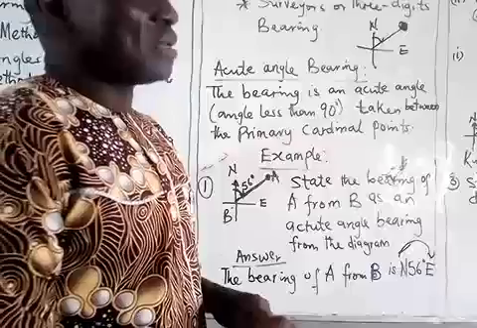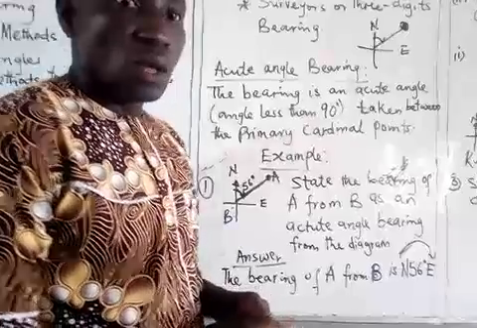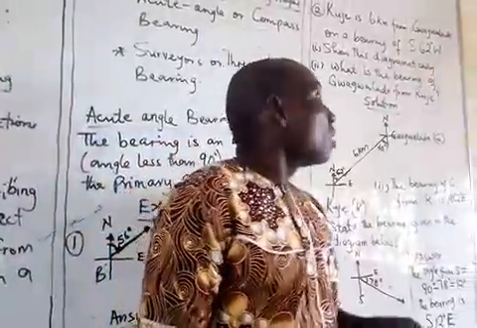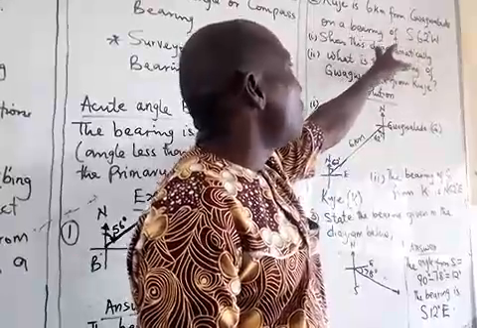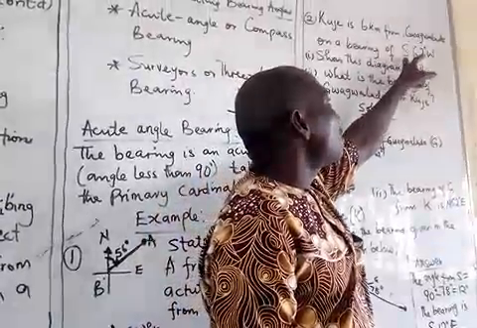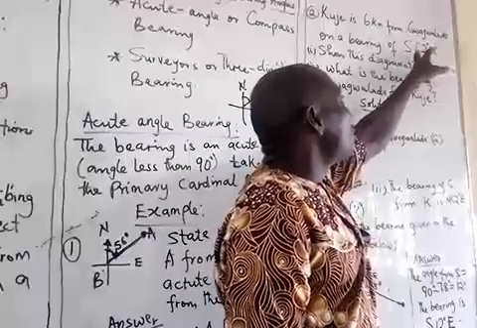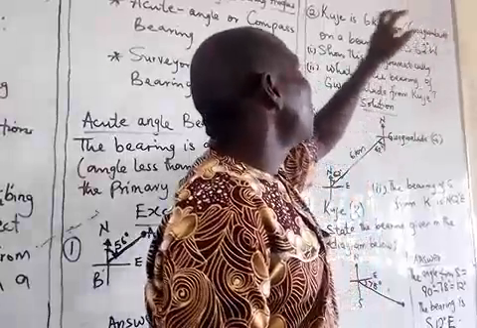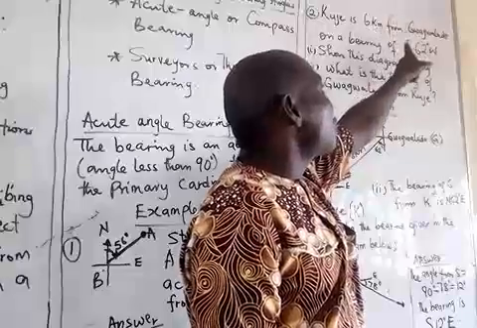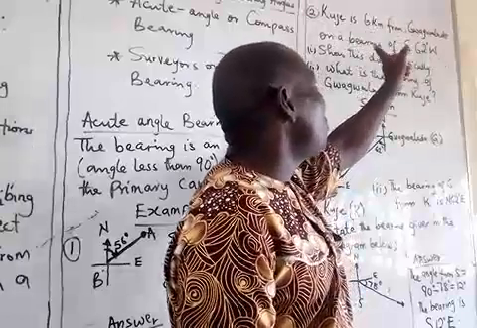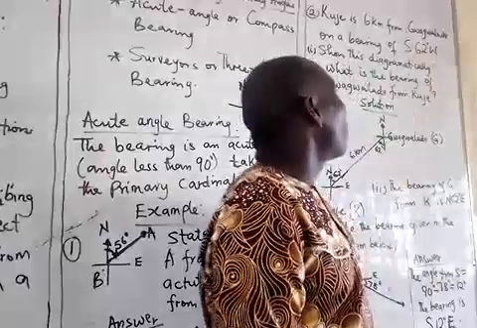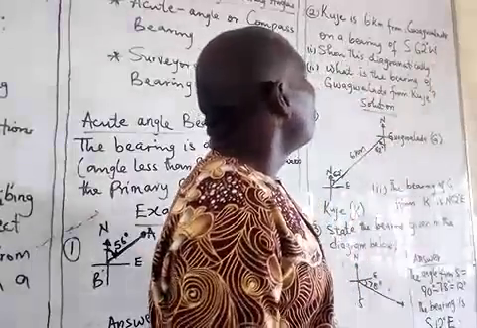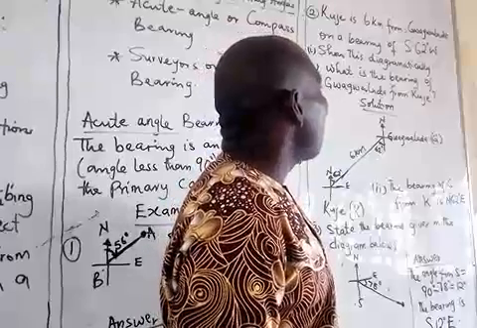We have question number 2. Question number 2 says, Kuje is 6 kilometers from Gogolada on a bearing of 62 degrees southwest. Show this diagrammatically.